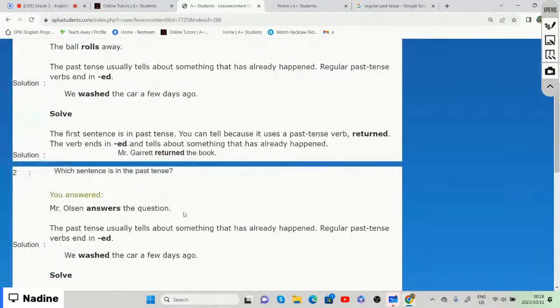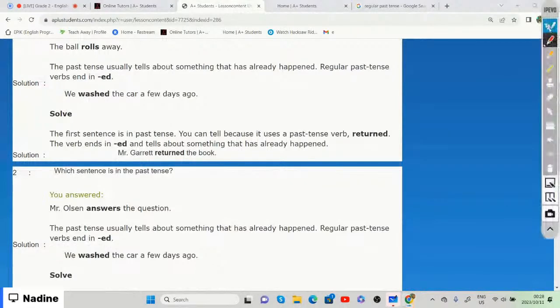All right. So now if we look at this word, answers, this is the word that needs to be changed into the past tense form.